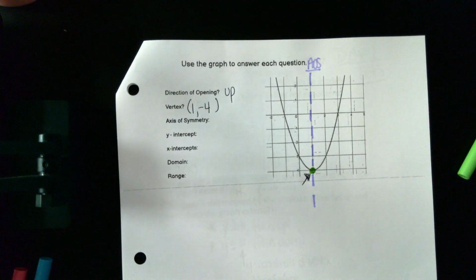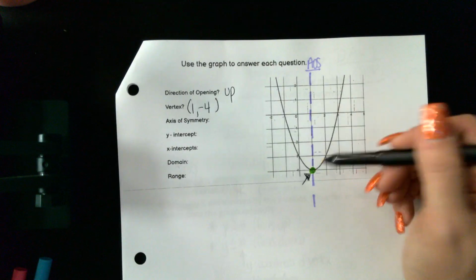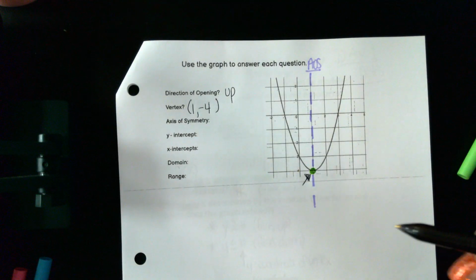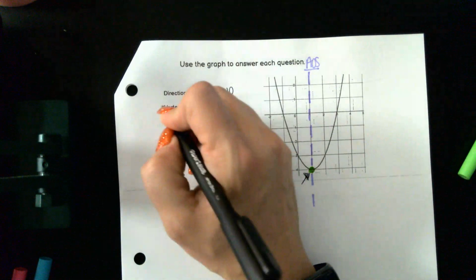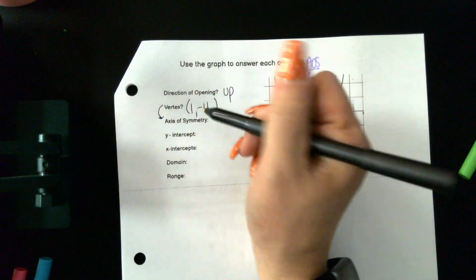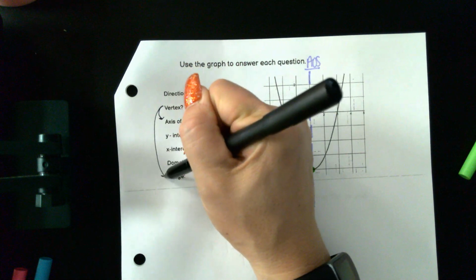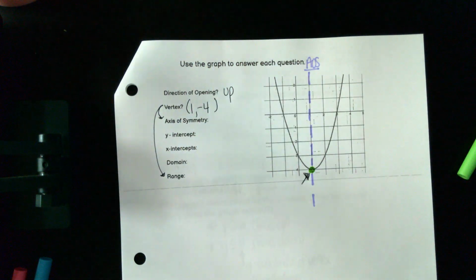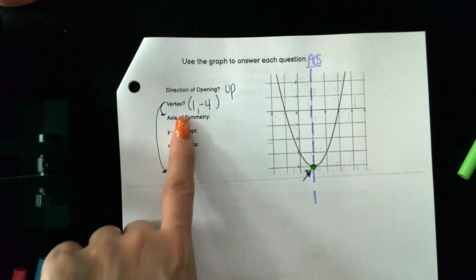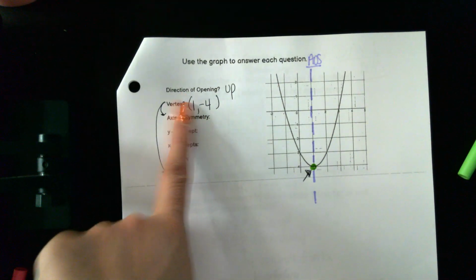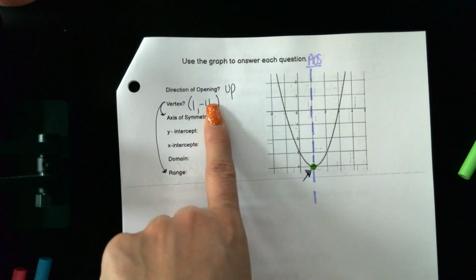Oh yeah, this is a 1, and then this is the -4. Okay. Now, I'm going to draw this arrow. The vertex helps you with axis of symmetry and range. So those are the two things. The axis of symmetry you get from the x-coordinate. Your range you get from the y-coordinate.